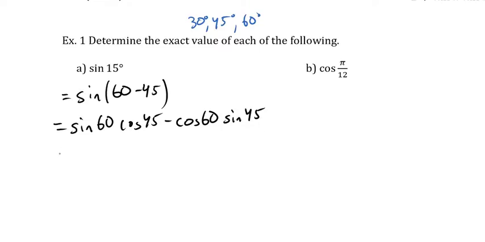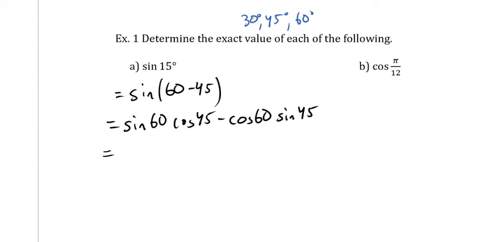So this equals, what is the sine of 60? Now we've got to do a lot of special triangle stuff. So this is where, if you've got the special triangles drawn out on that little cheat sheet from yesterday, it would be helpful. So there's my 60 and my 30, and 1, 2, root 3.